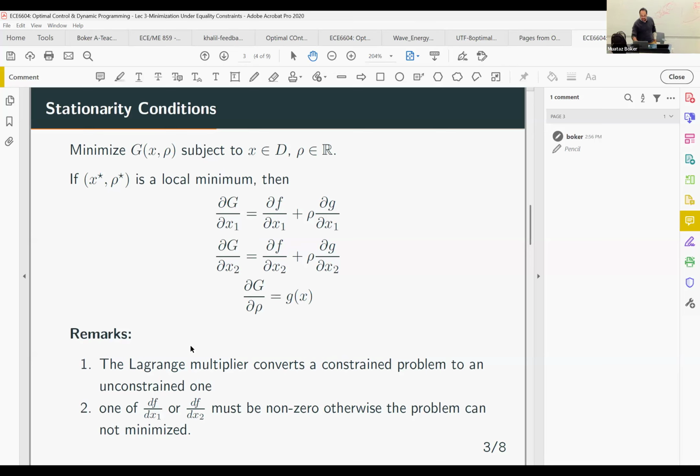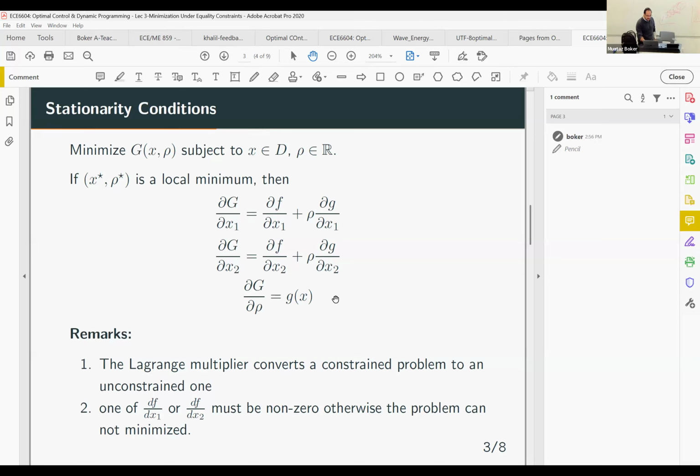Okay, so these are very important remarks. The first remark is that the Lagrange multiplier is strategic because it converts a constrained problem to an unconstrained problem. In all these three conditions here, there is no constraint, by constraint meaning a function is equal to 0 or less than 0. There is no constraint here.